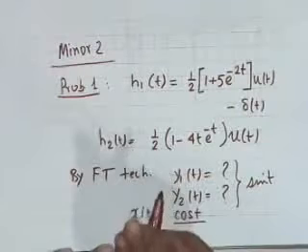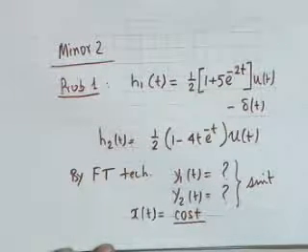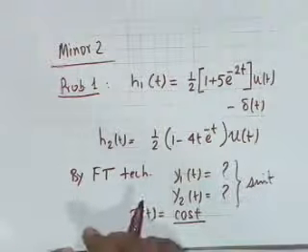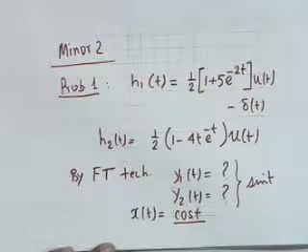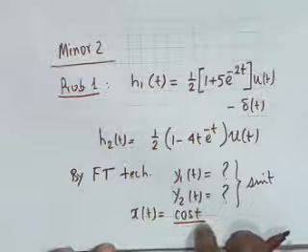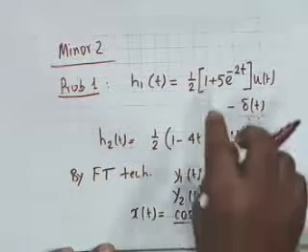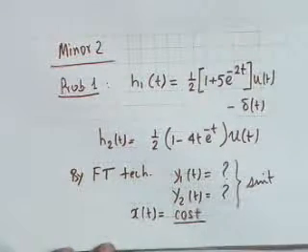Cosine t is a linear combination of 2 eigenfunctions. If it was an eigenfunction, then the output of the system would have been unique. If you had e to the jt only, let us say half e to the jt, then the outputs of the 2 systems would be quite different.